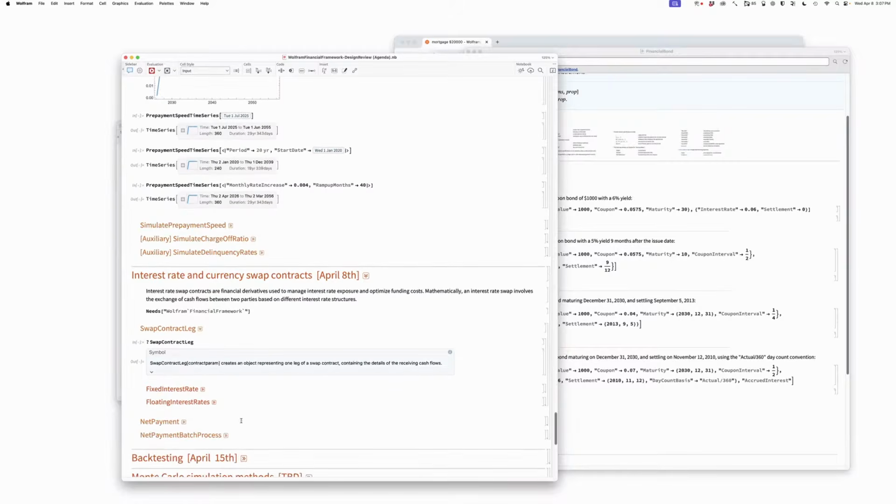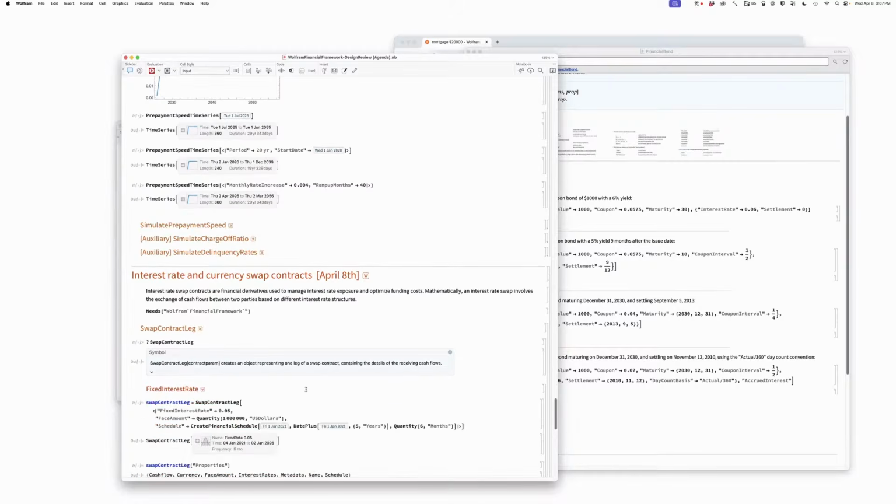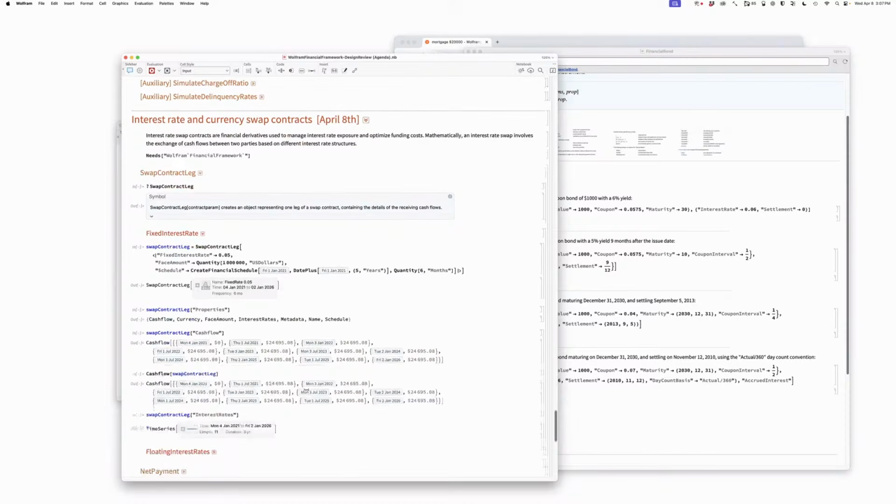So in every swap contract, you can think of the leg as what I'm receiving on one side of it. And you have the same kind of issue of needing this depending upon possibly simulated paths as well as some contractual things alone. But again, you're getting a cash flow object on either side of the contract.